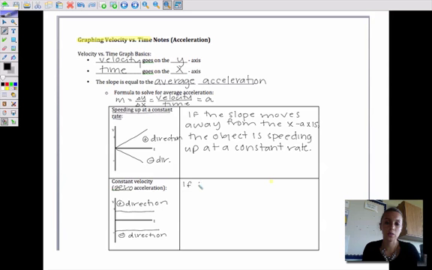So if the slope equals 0, but does not lie on the x-axis, the object is moving at a constant velocity.